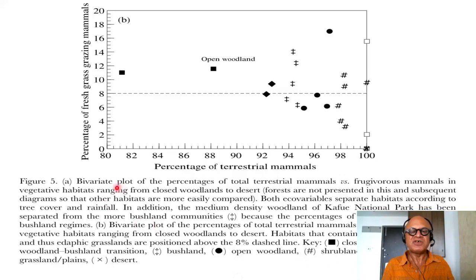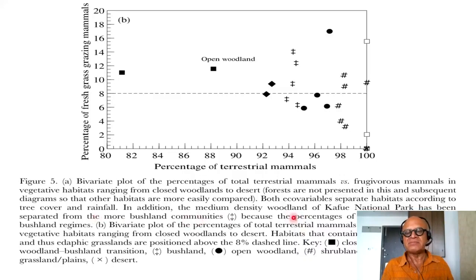So bivariate plot of the percentage of total terrestrial mammals versus frugivorous mammals in vegetative habitats ranging from closed woodlands to desert. Forests are not presented in these subsequent diagrams, so that the habitats are more easily compared. Both eco-variables separate habitats according to tree cover and rainfall.